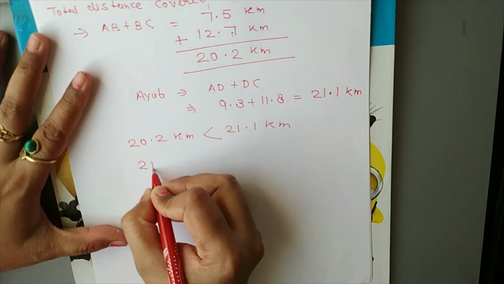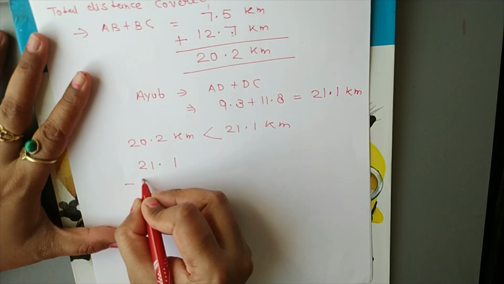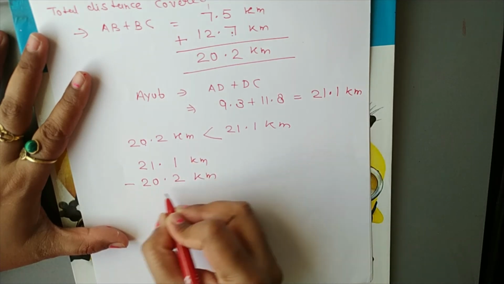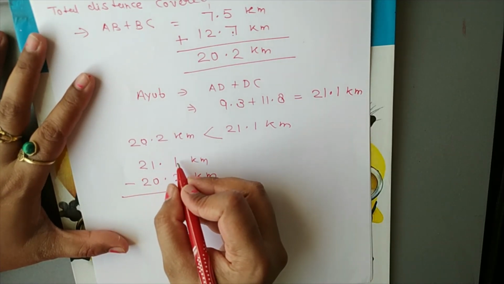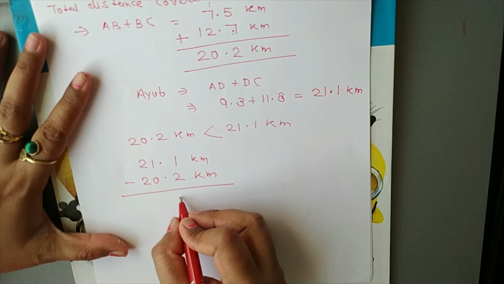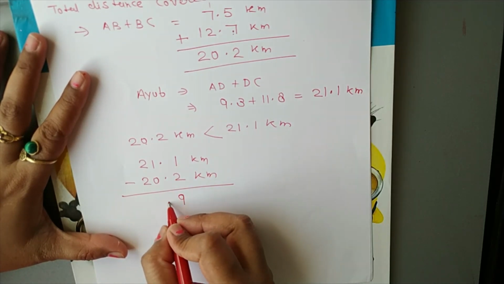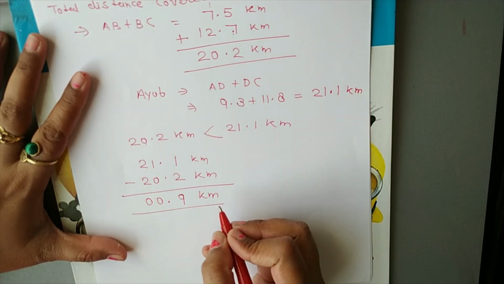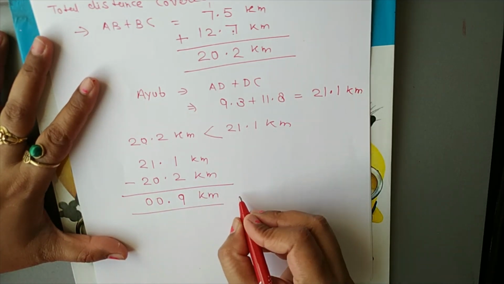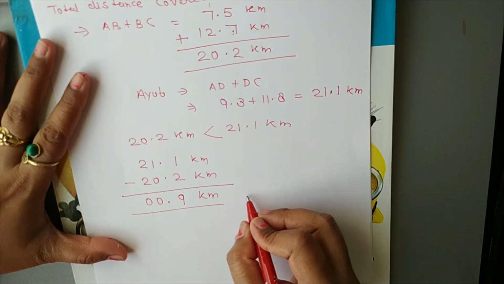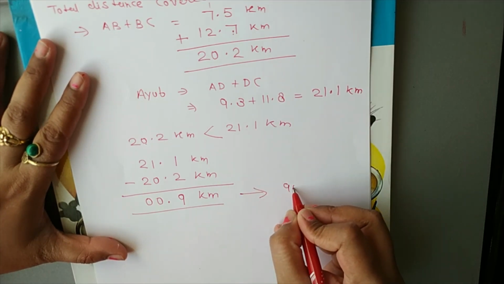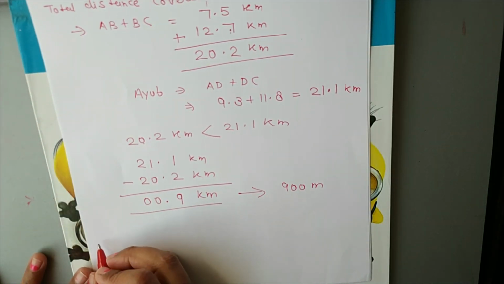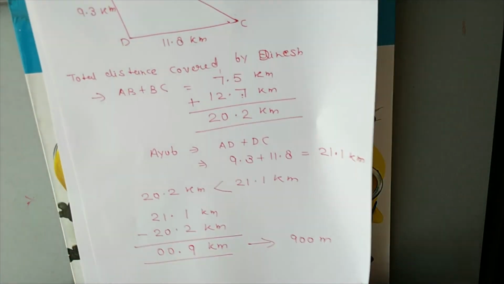So 21.1 minus 20.2 kilometer. It will be 0.9 kilometer. When we convert into meters, it will be 900 meter. Okay, now move on to the next question.